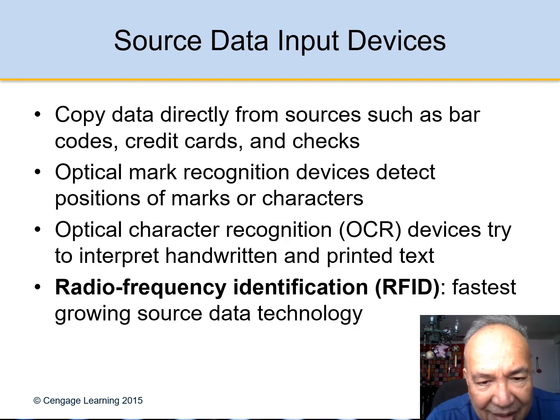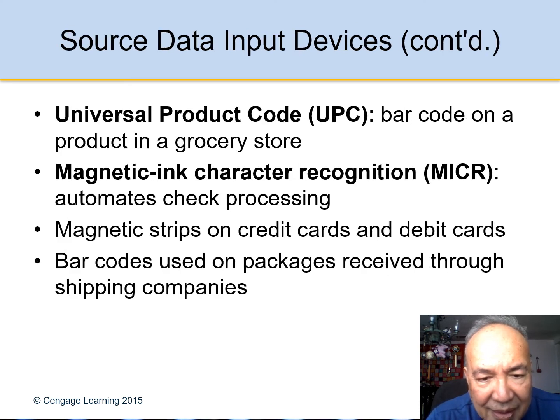Okay. Sources of data for input devices. There are so many sources: optical marks, optical character recognition, and radio frequency identification, the fastest growing source of data technology. Then when you buy something from the store, there is the universal product code, the barcode on the product in a grocery store.